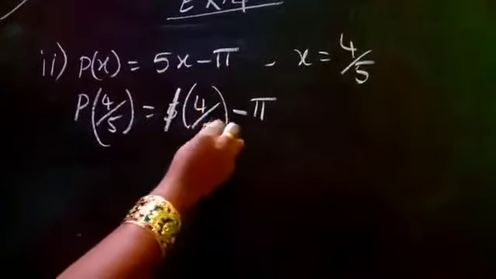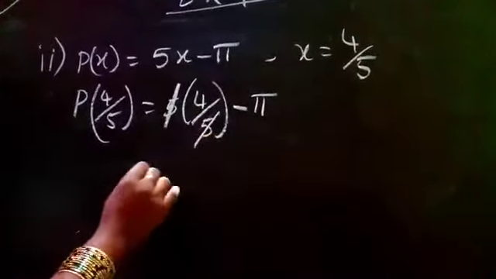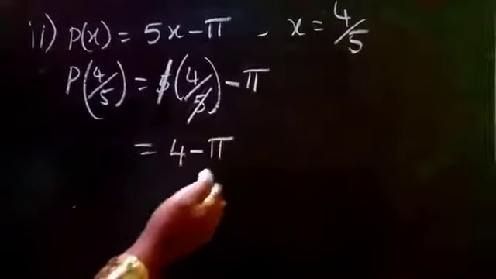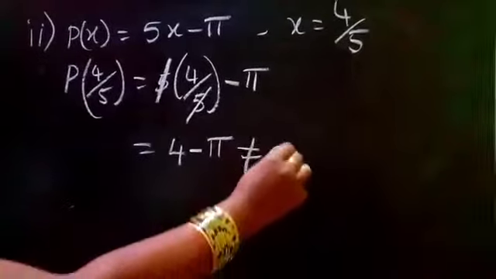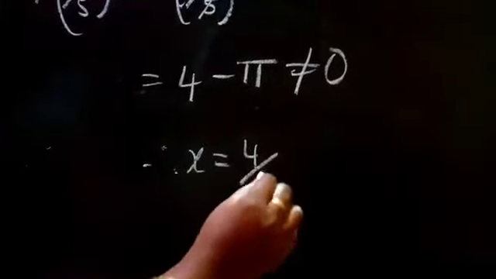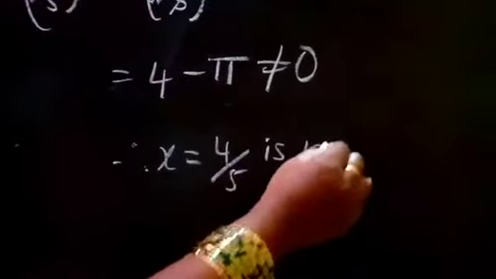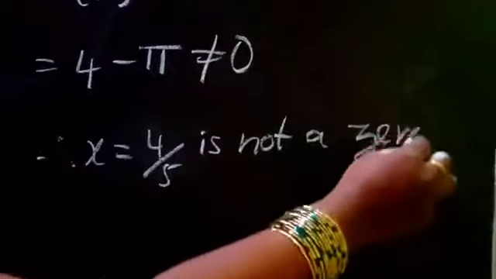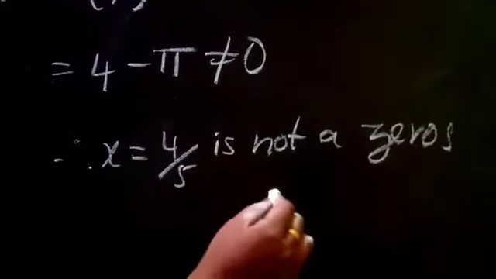Numerator and denominator 5 will get cancelled. So we'll get 4 minus pi. It is not equal to 0. Therefore, x equal to 4 by 5 is not a zeros of polynomial.